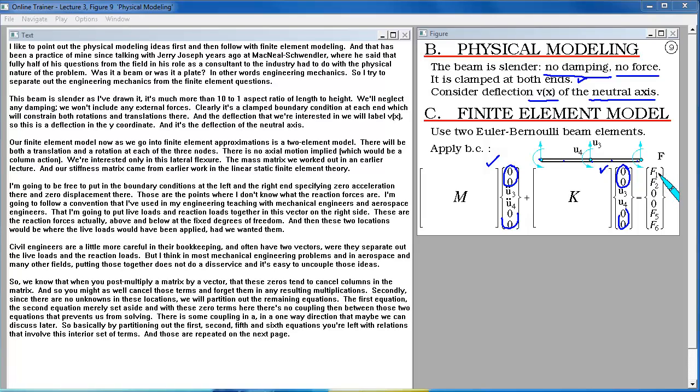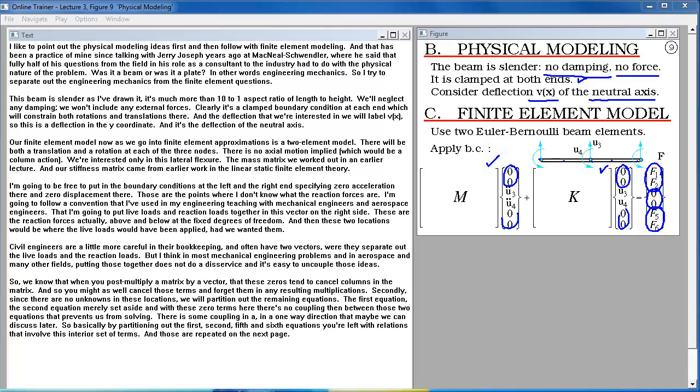I'm going to follow a convention that I've used in my engineering teaching with mechanical engineers and aerospace engineers, that I'm going to put live loads and reaction loads together in this vector on the right side. These are the reaction forces actually above and below at the fixed degrees of freedom, and then these 2 locations would be where the live loads would have been applied had we wanted them.